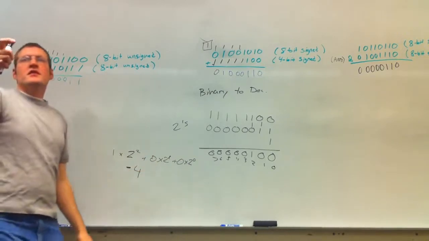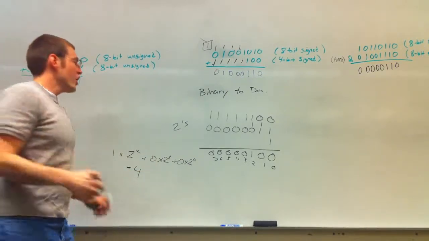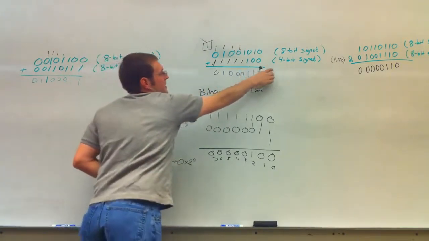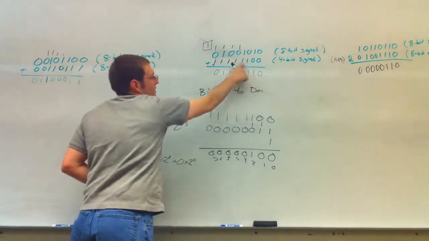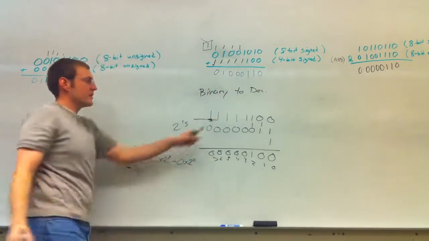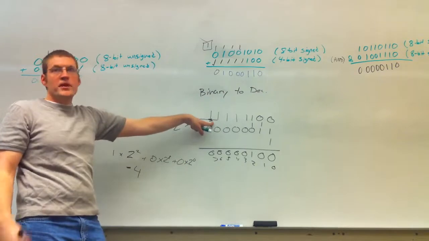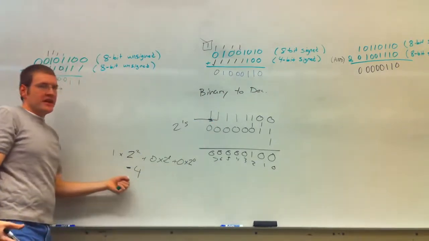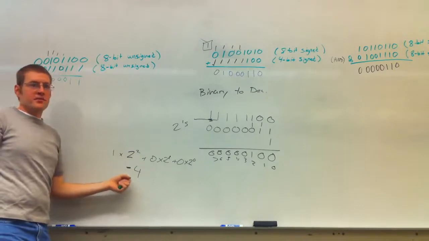How did you get the negative? Basically, because we said I had a 4-bit signed value, and so I knew because it's a 1 out front here that my number was negative. So then I just said, okay, my number is going to be negative in decimal. So I just put that number.